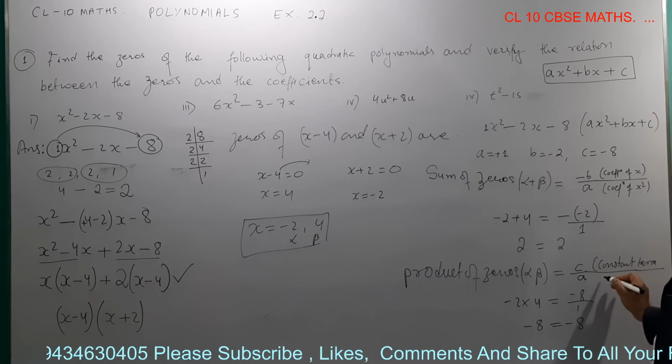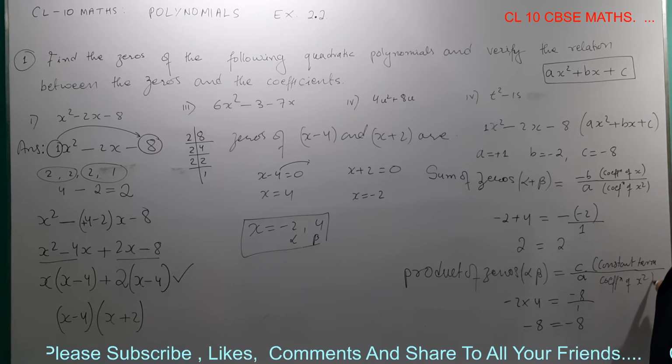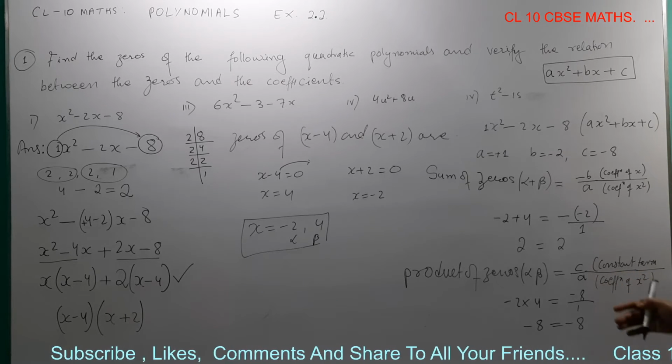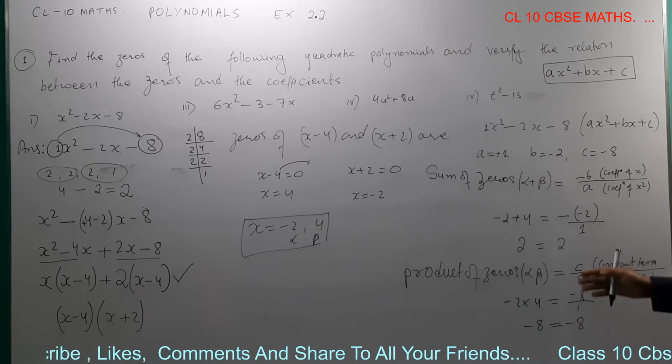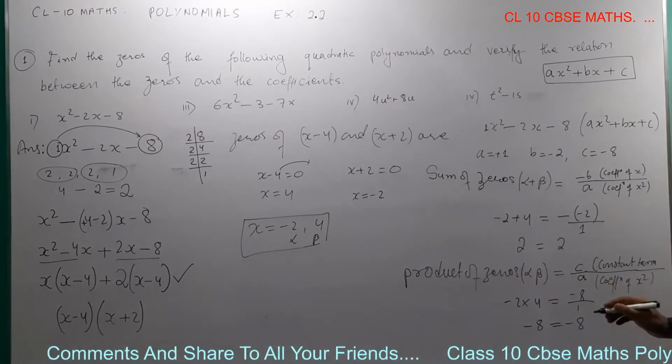Okay, then a is called the coefficient of x square. Now verified. By using the coefficient formula and by getting the zeros, we got the same answer. That means verified.